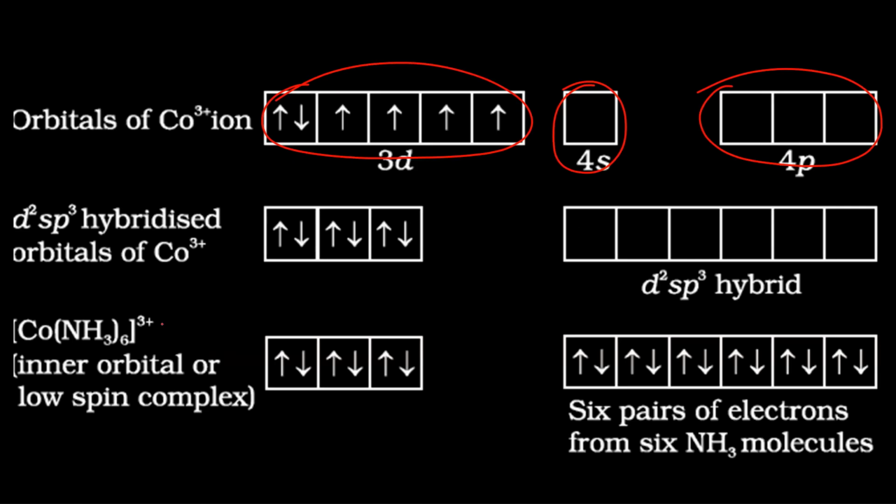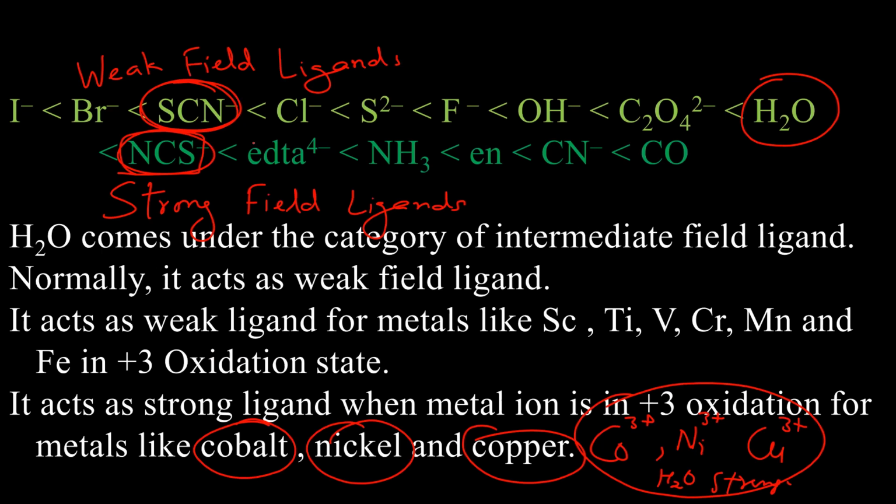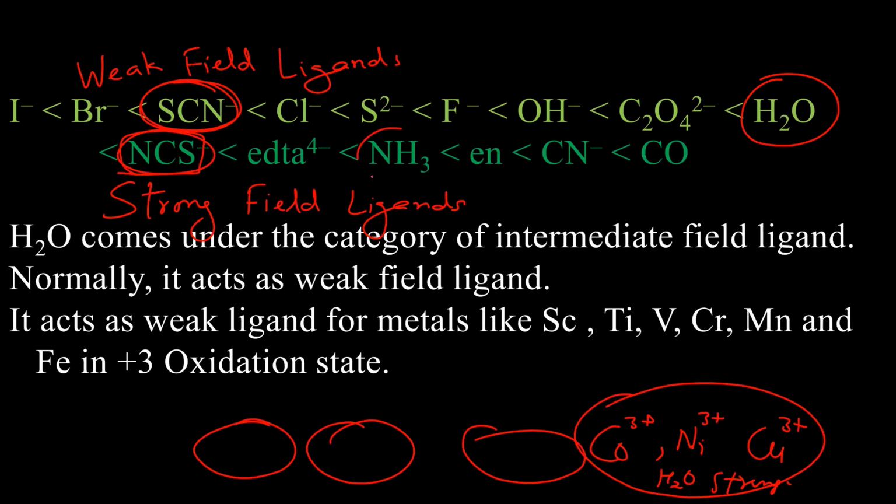There are two cases, and that's why we talked about weak field ligand and strong field ligand. First, you write the electronic configuration for the central metal ion. Then you check whether a strong field ligand or a weak field ligand is connected. Ammonia is a strong field ligand.